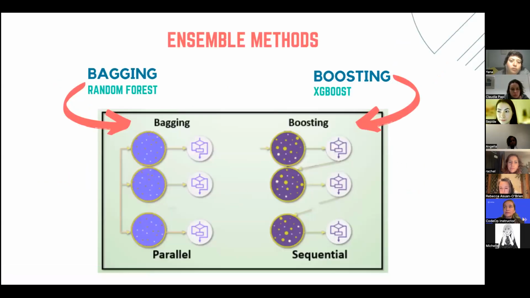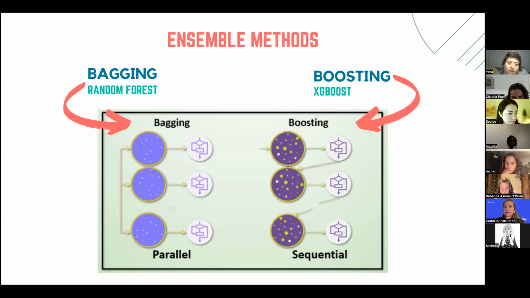So next we moved on to ensemble methods. The two methods that they tried was random forest and XGBoost. The main difference between them is the algorithm they utilize.